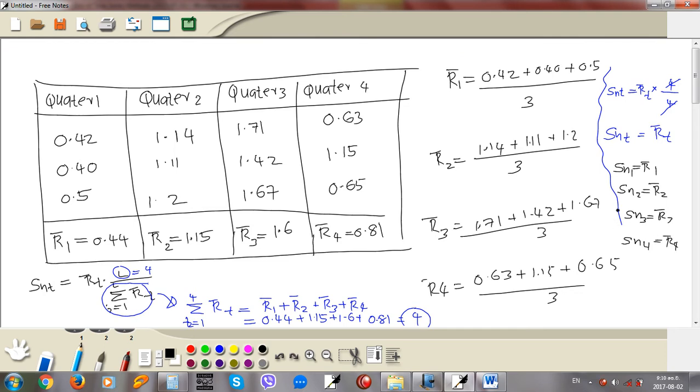So the value of SN1 equals R bar 1, which is 0.44.